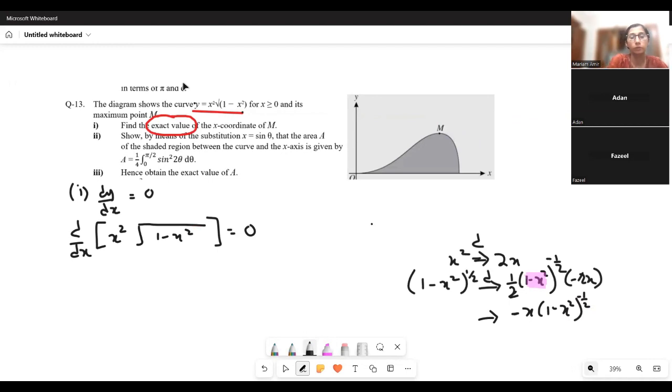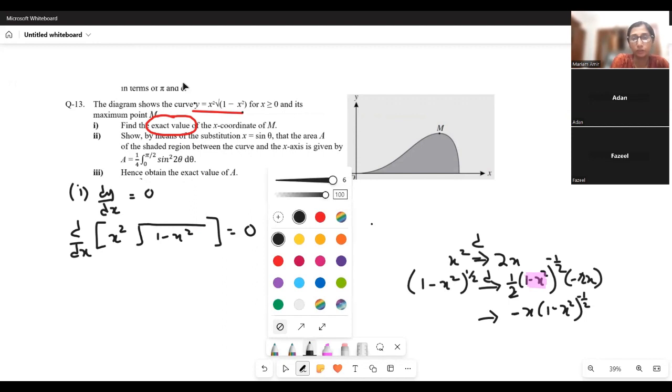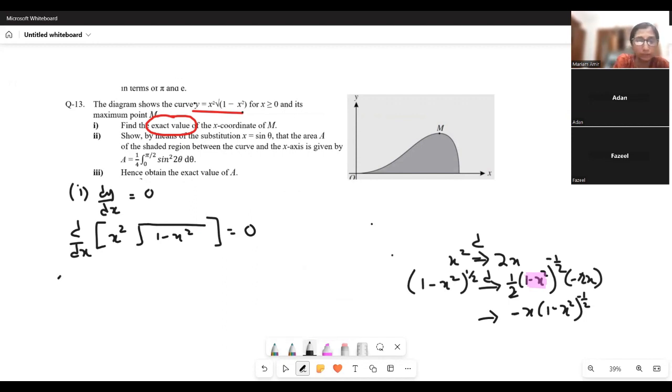Okay. So now I'm going to apply the product rule, which is पहले x square को derivate कर लिया, which gives 2x and 1 minus x square remains the same. अच्छा, इसको I'm rewriting it as minus x upon square root 1 minus x square.